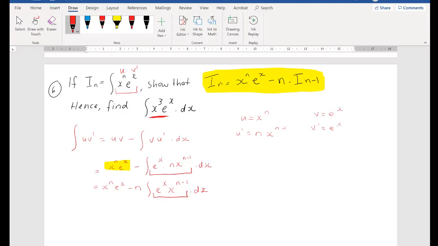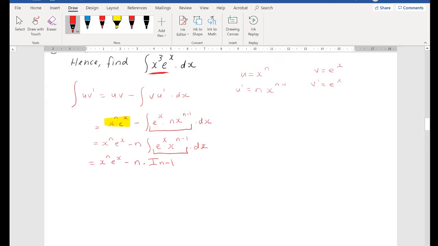But instead of I_n, it's I_(n-1). Which is then why they get the very next line of that. And I've proved it. Really easy. Now that I've done that, it wants me to find the integral of x cubed e to the x.